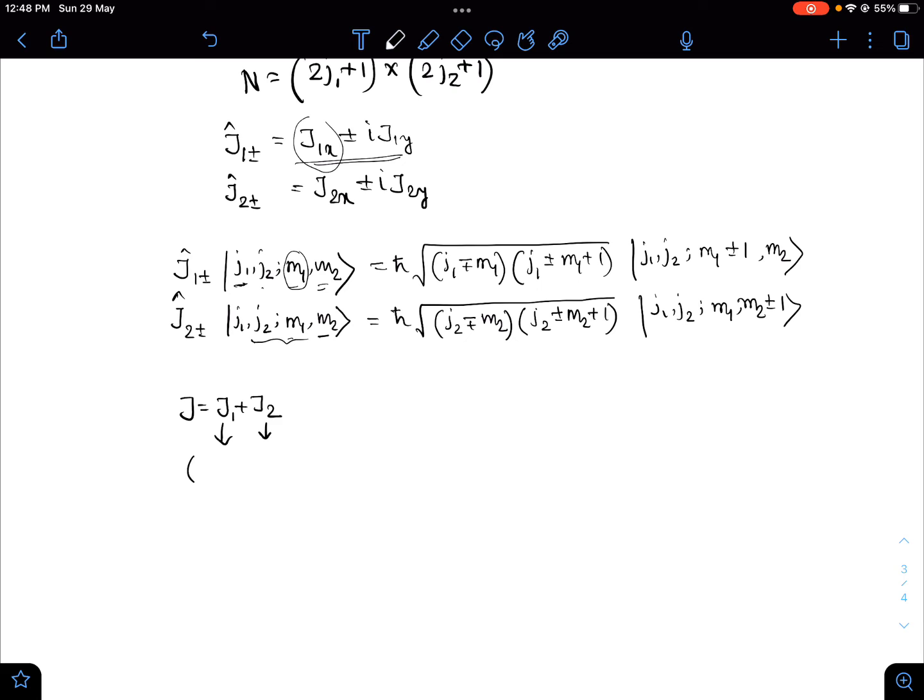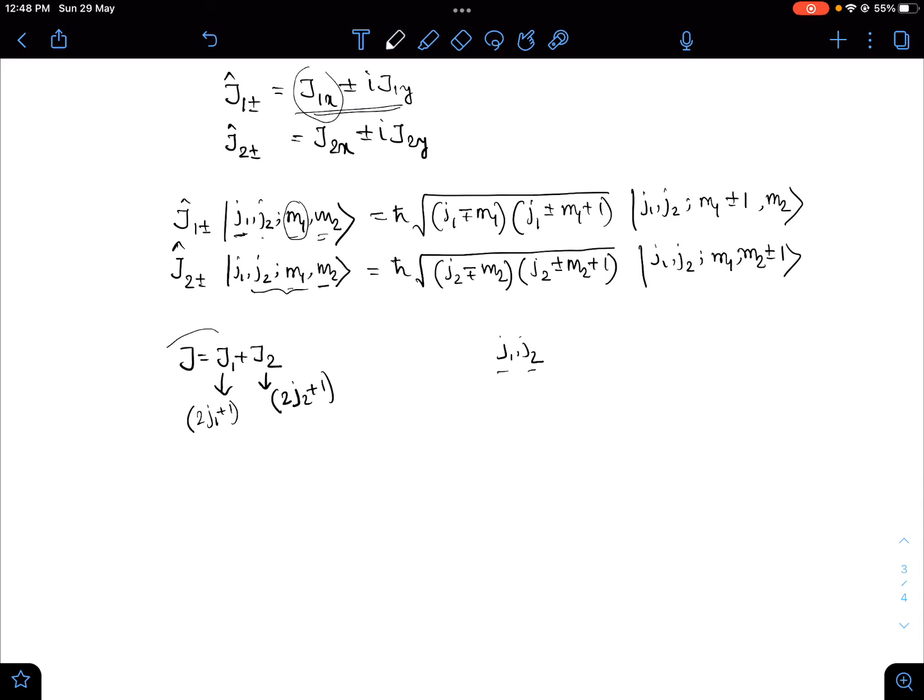But J1 has dimension 2j1 + 1, and J2 has dimension 2j2 + 1. Since j1 and j2 can have different values, they need not be the same. So this is just a symbolic addition.